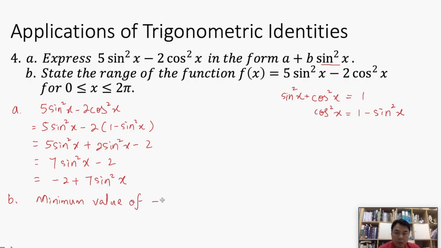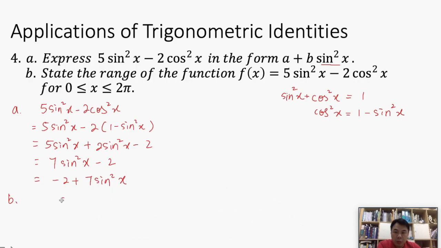Minimum value of negative 2 plus 7 sine square x. I wouldn't say the minimum value though, because, hold on, just let me change that wording a bit.